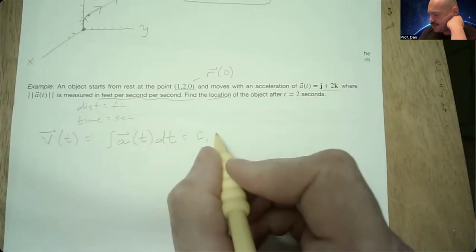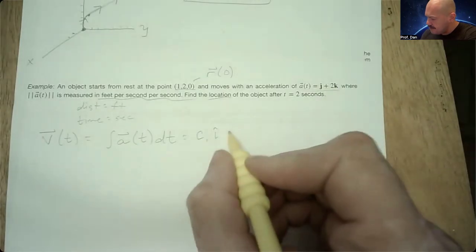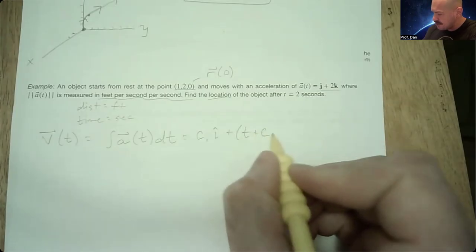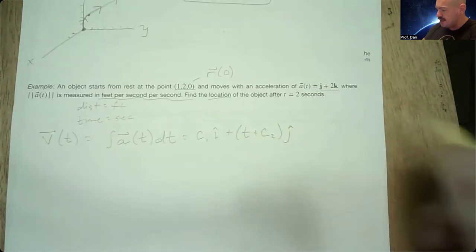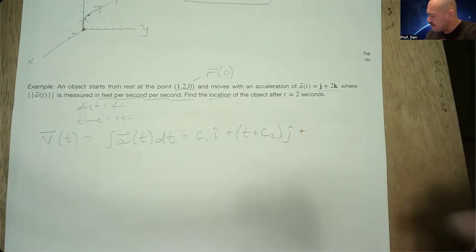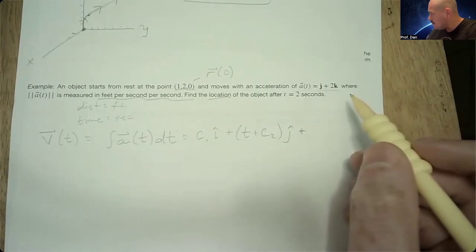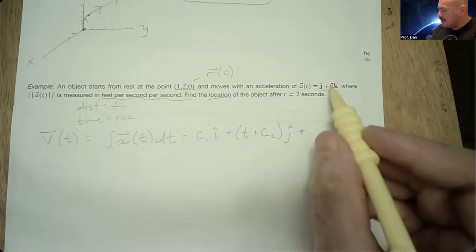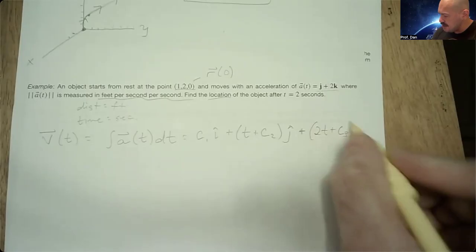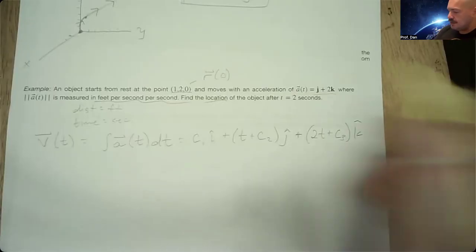So I'm going to say C1 i. If I take the integral of 1 dt, I get t plus a constant we'll call C2 j. And then if I take the integral of 2, I get 2t plus a constant C3 k.